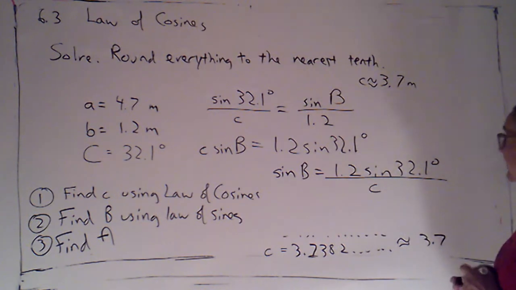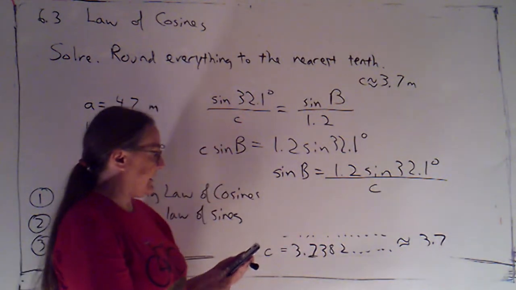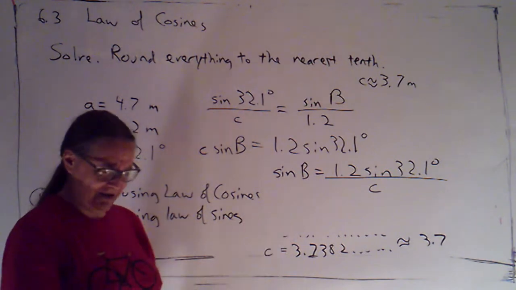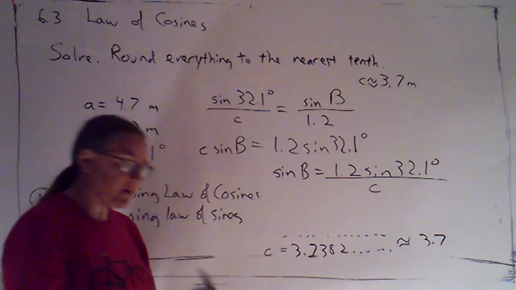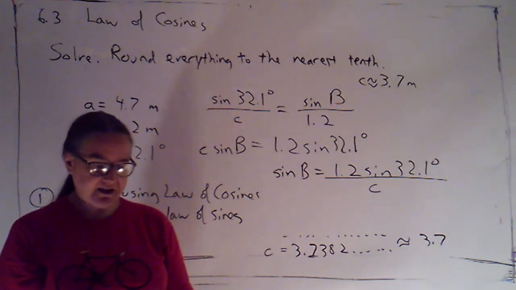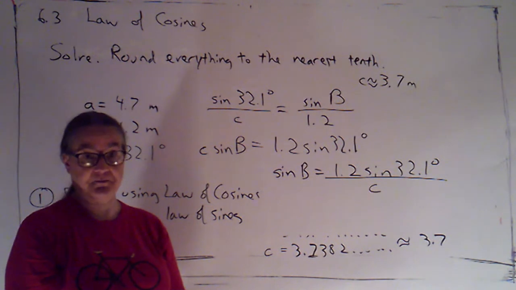Okay. Now, since I've got that in my calculator already, I'm not multiplying it by anything. I'm dividing by it. So all I'm going to do to get that on the bottom is just type in 1 divided by my answer.